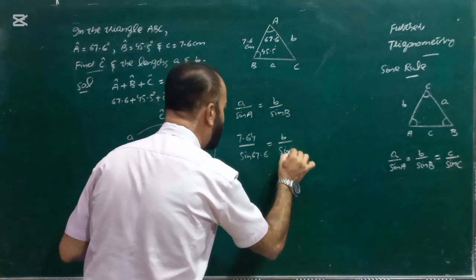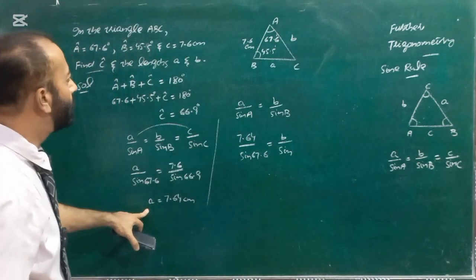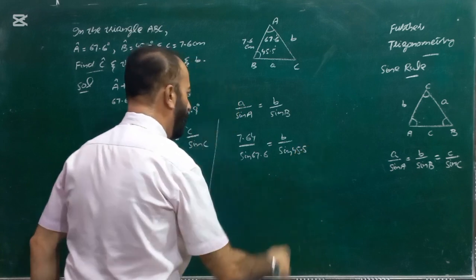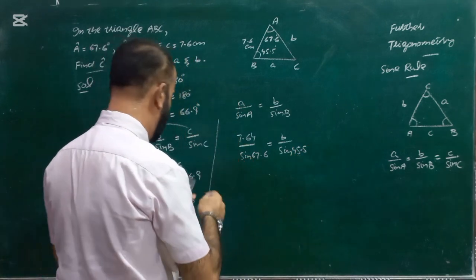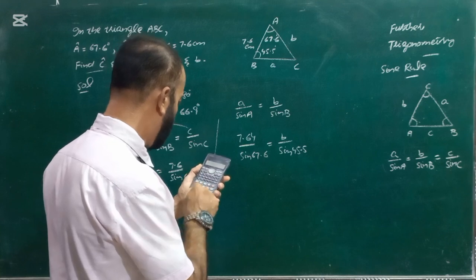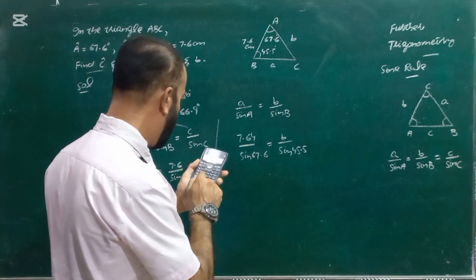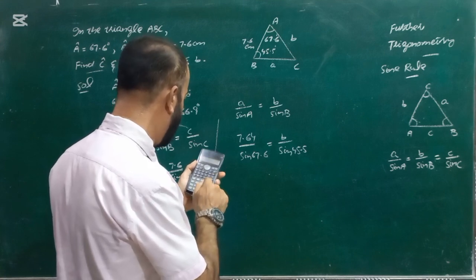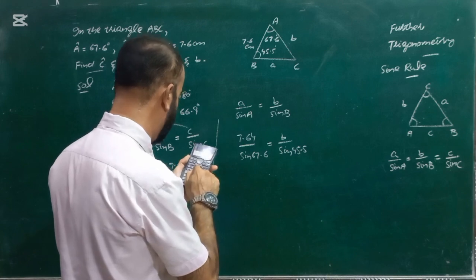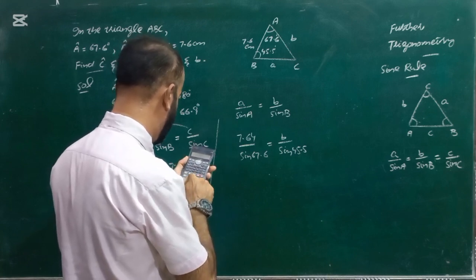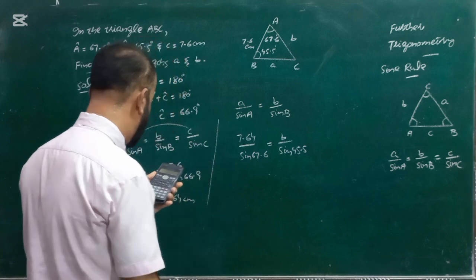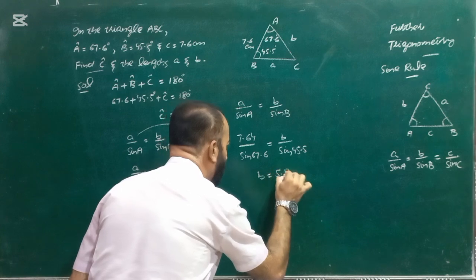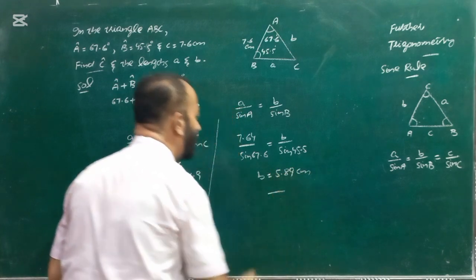Over sine B, that is 45.5. This value will multiply with 7.64. So 7.64 multiplied by sine 45.5 divided by sine 67.6. The answer is 5.89 centimeters. So this is the answer.